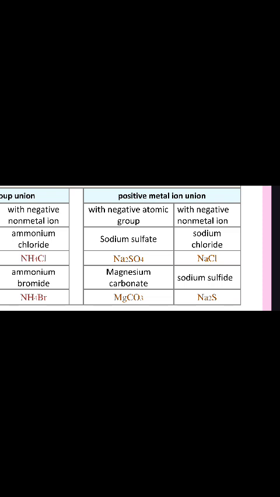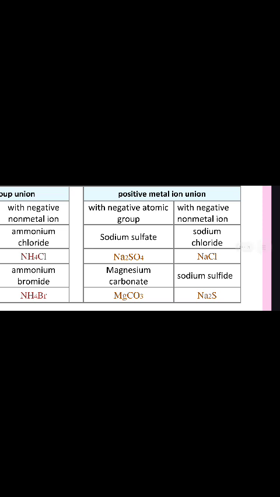So here is a combination between an atomic group and the cation of the metal. On the other hand, you can find a reaction between the cation of a metal with the anion of a non-metal, like sodium chloride NaCl or sodium sulfide Na2S.